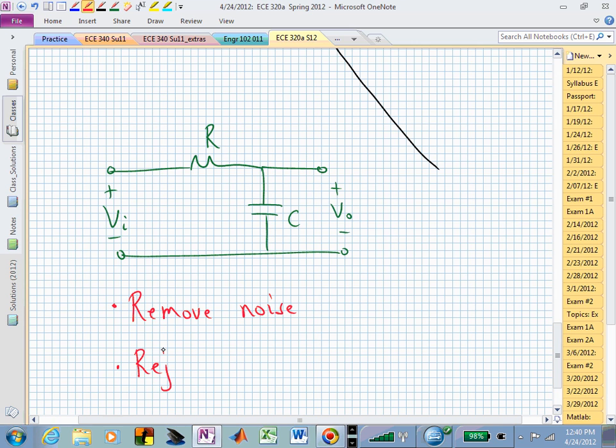And another thing is we could say, well, that's going to also help us reject high frequencies.